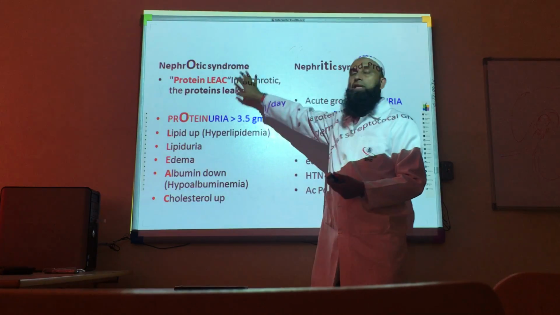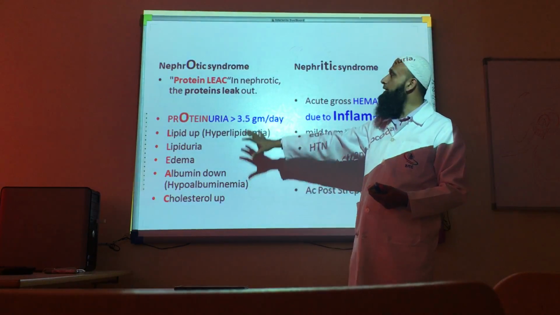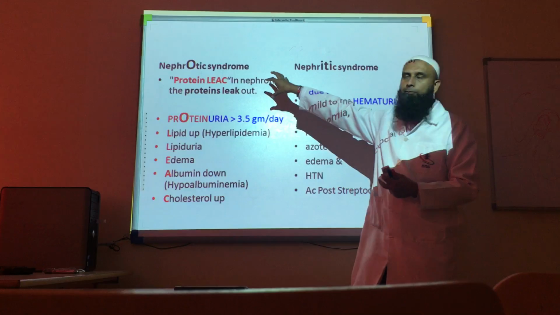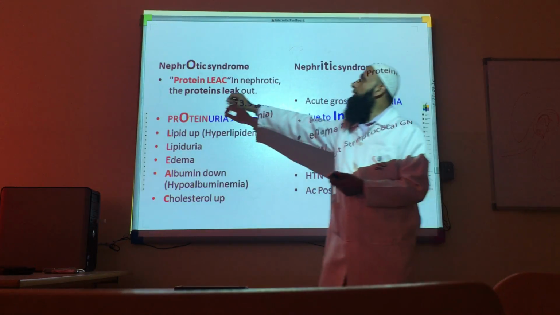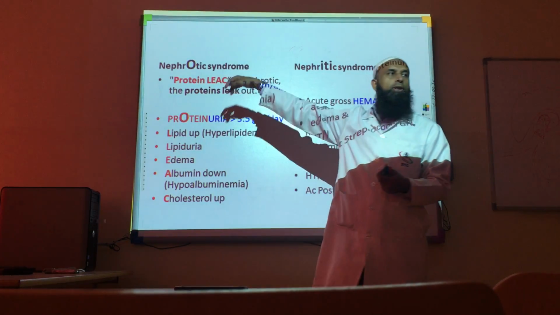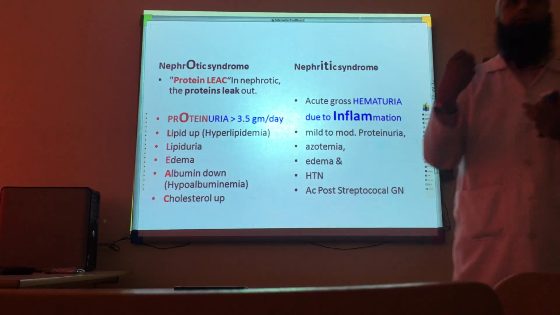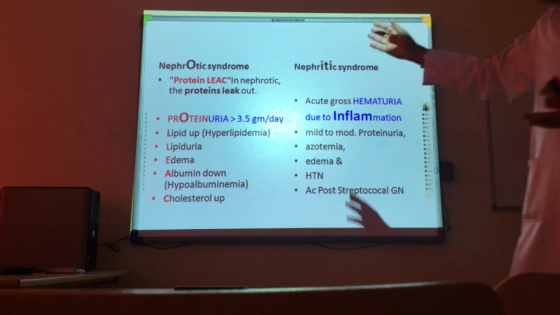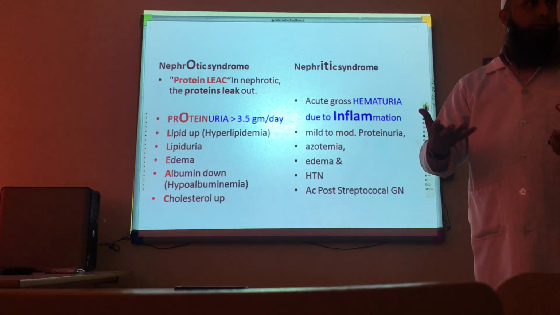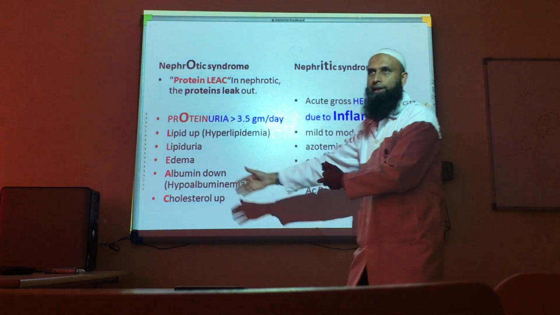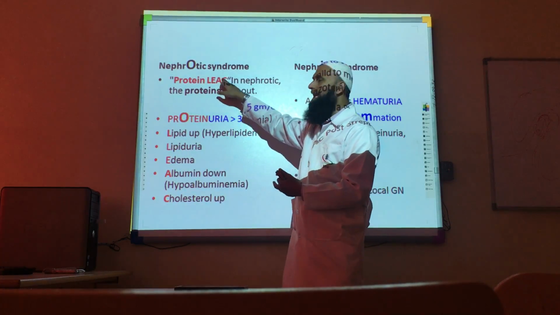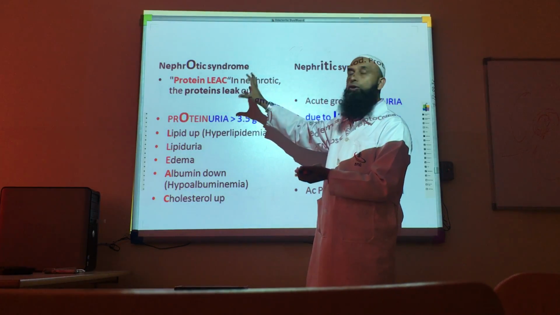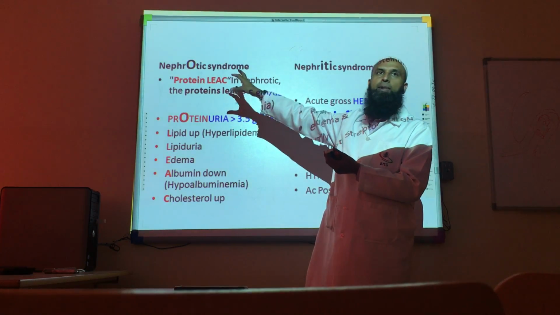You can also remember the features of nephrotic diseases by this mnemonic. It tells us protein leak. The actual spelling of leak is L-E-A-K. Why? Because in nephrotic syndrome, the proteins leak out. But just to fit in with this, we change K with C. You will remember the features of nephrotic by this mnemonic.